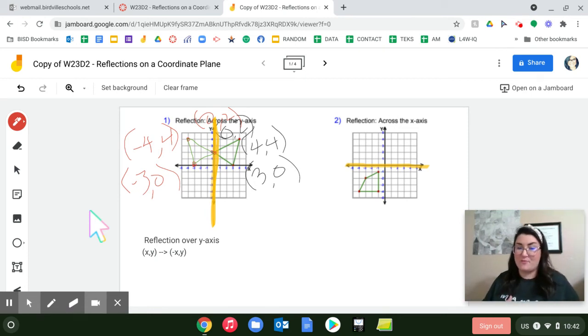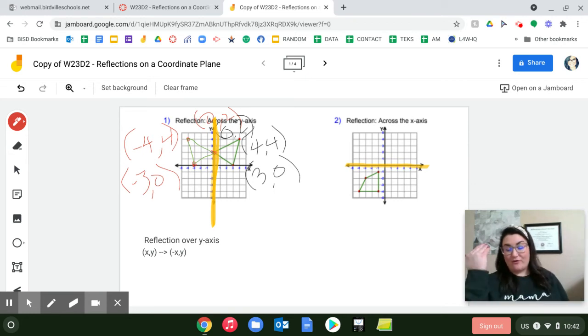If when we flip over the y-axis, our x value becomes opposite because we're going from left to right, which is x, then when we reflect across the x-axis and our up and down value becomes opposite, what do you think our rule will look like?